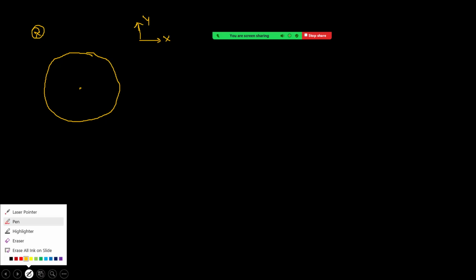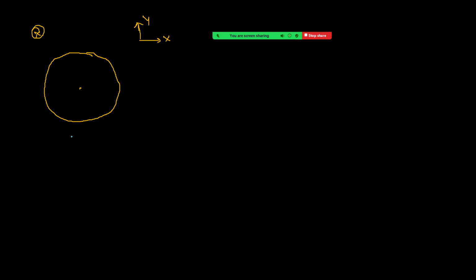So consider a circle by taking that distance as radius. By symmetry, we can guess that the strength of the electric field at each and every point on this circle will be the same.